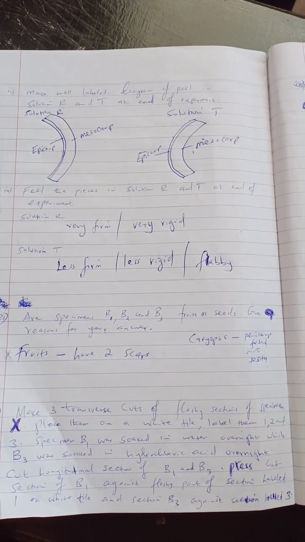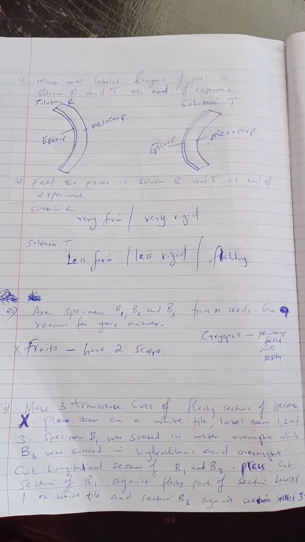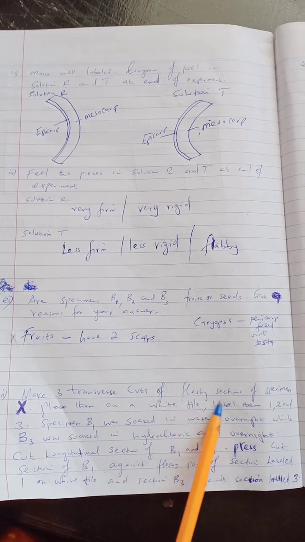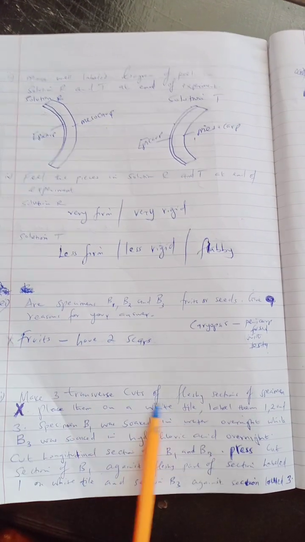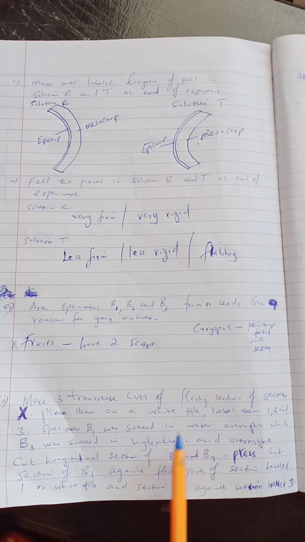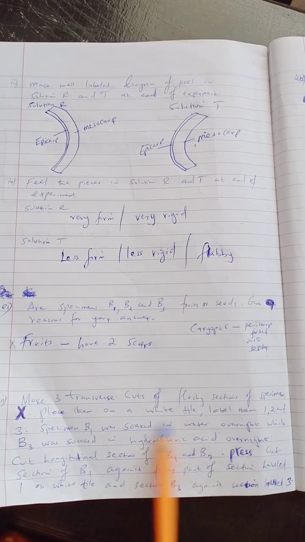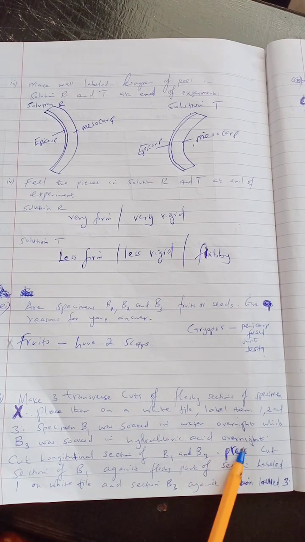And then you follow the procedure here: make 3 transverse sections of your banana, place them on what? A white tile. And then you are told that B1, one maize seed, is soaked in water overnight, the other one is soaked in hydrochloric acid overnight.